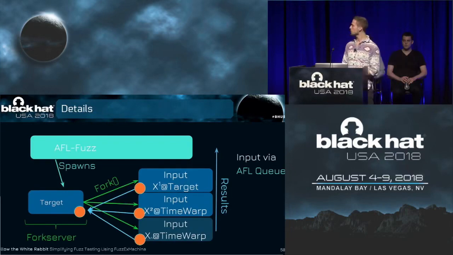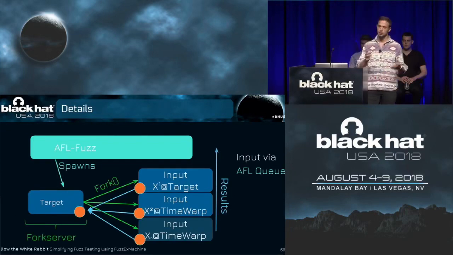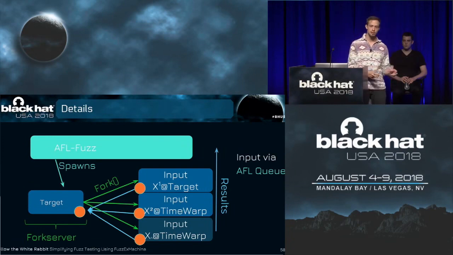So this is how AFL usually works, at least the fork server mode. AFL spawns its child, and the child, the instrumented child, then pauses at the very beginning and forks off for each new fuzz instance. That way you use copy-on-write, and it's a lot quicker than if you would restart the whole program every time.